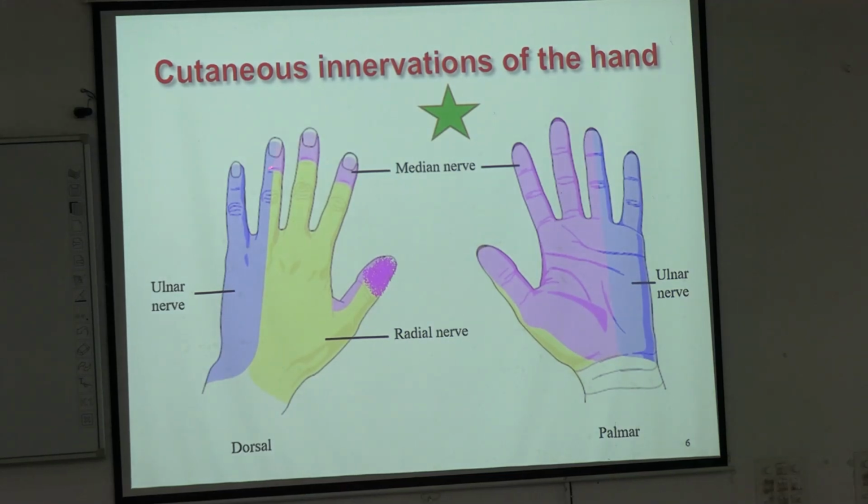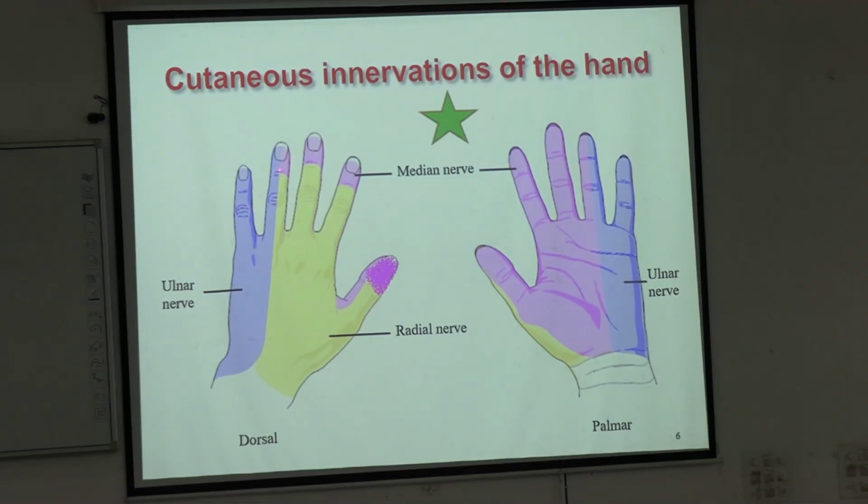You see that up to the nail bed of the distal interphalangeal joints the median nerve supplies the 3.5 fingers, and on the dorsal side the ulnar nerve supplies the entire corresponding region as well. The purple shade covers the ulnar nerve cutaneous distribution on the palmar side as well as on the dorsal side.